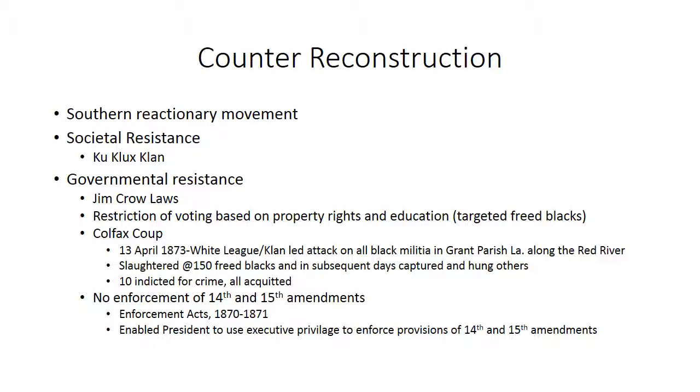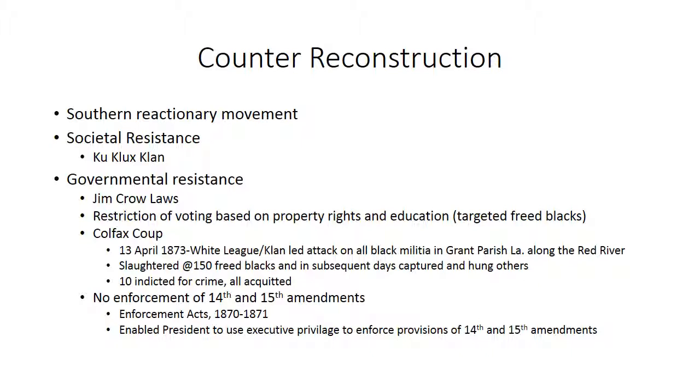And that meant it wasn't just that blacks were going to be given the right to vote. It's that they would actually be able to hold office. They would be able to be in county government, in city government. And so they kill off 150 freed blacks, and it's essentially vigilante violence. Ultimately, 10 are indicted for the crime, and all are acquitted by white juries.